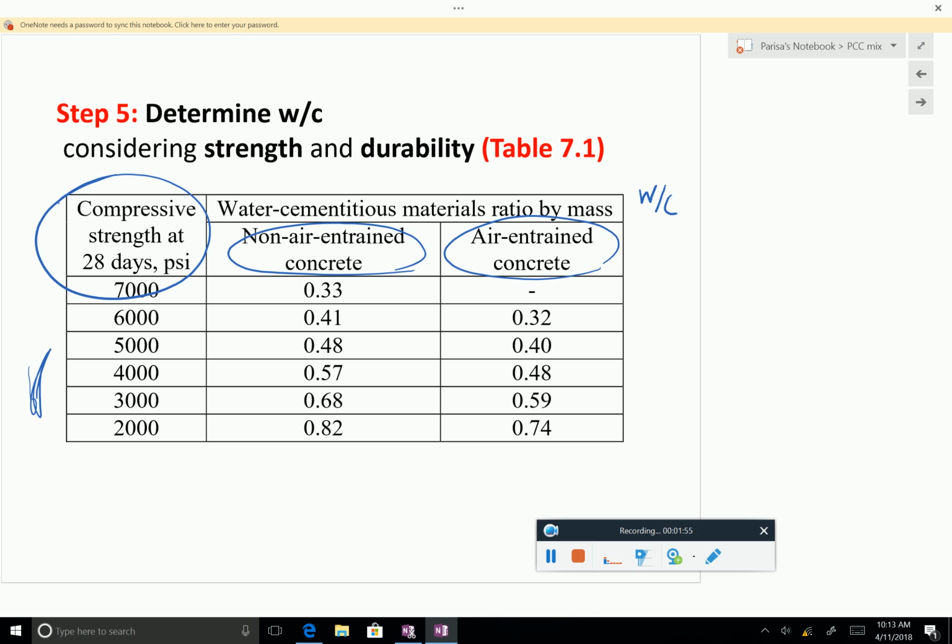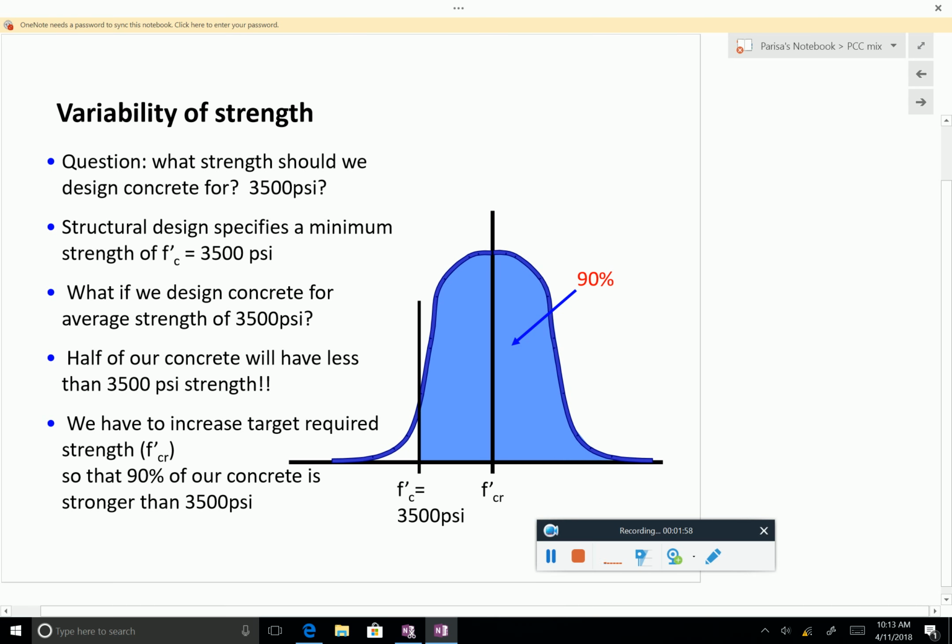And the reason is, if you choose 3500 as your design compressive strength, that would literally mean that half of your material has lower strength than 3500 and half will have more, because of the normal distribution which you have seen in statistics.